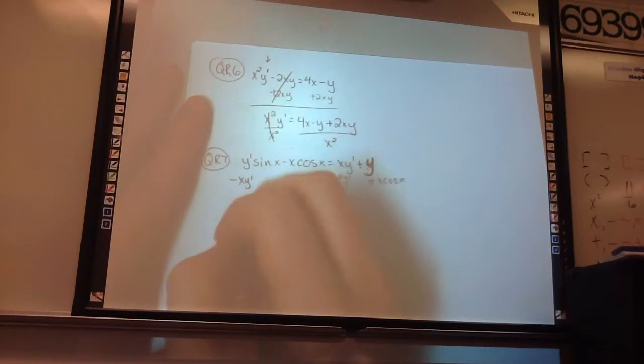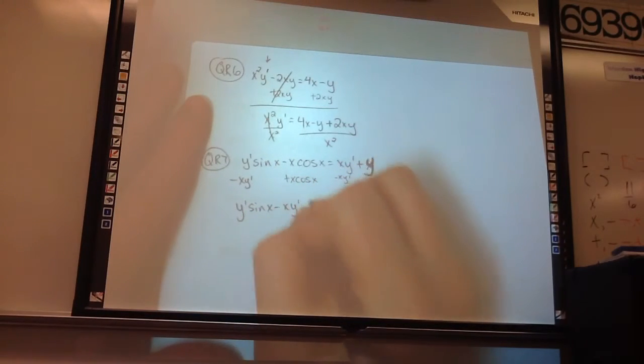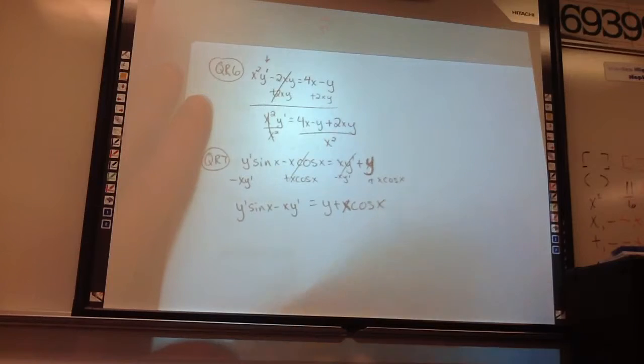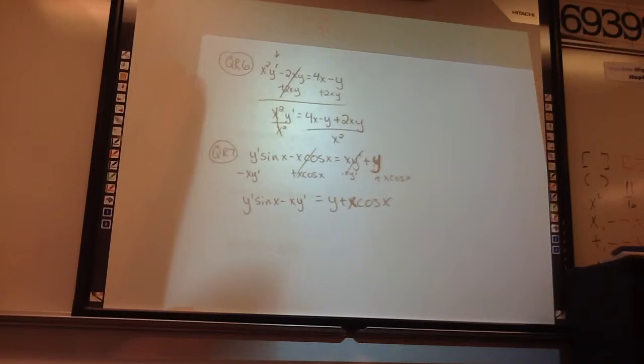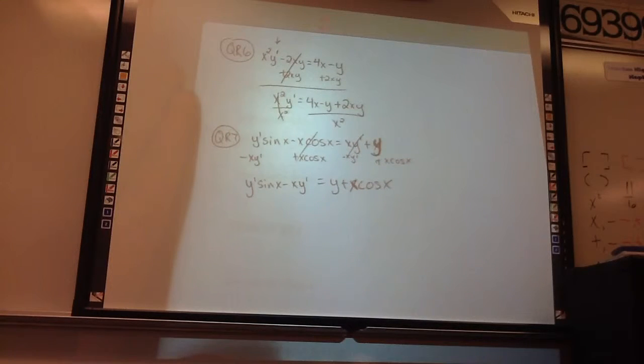So over here we'll have y prime sin x minus xy prime. Over here we'll have y plus x cos x. Now factor out the y prime. Is it sine of x minus x? It's written different, like the x is in front and the sine's behind.